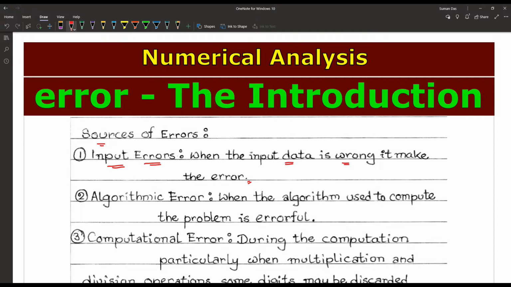So that type of error is known as the input error or the inherent error. That means the error is already inherent in the data with which we are calculating.